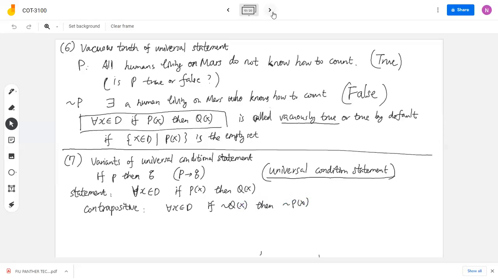And what about the converse? The converse is: for all x in D, if Q(x), then P(x). And what about the inverse? The same thing: for all x in D, if not P(x), then not Q(x).